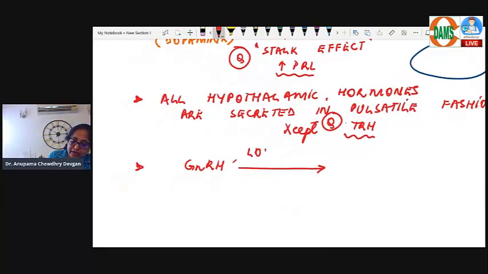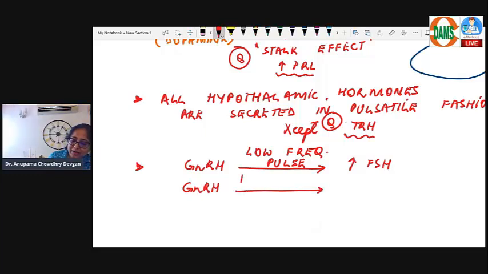GnRH in a low frequency pulse will increase FSH, and GnRH in a high frequency pulse increases LH.